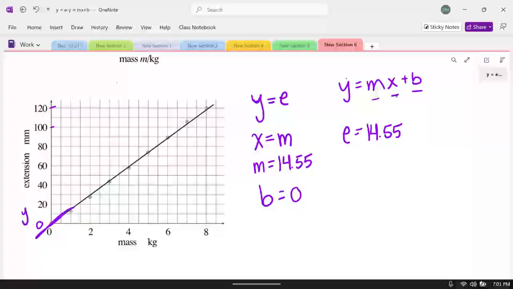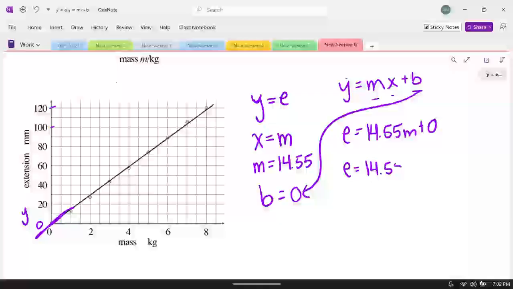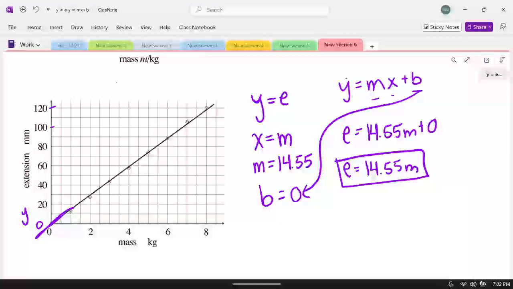Instead of x, I'm going to put m. And instead of b, I'm going to put 0. And so I'm going to add my 0. Then I will simplify this by doing e equals 14.55 m. And that would be my final answer.